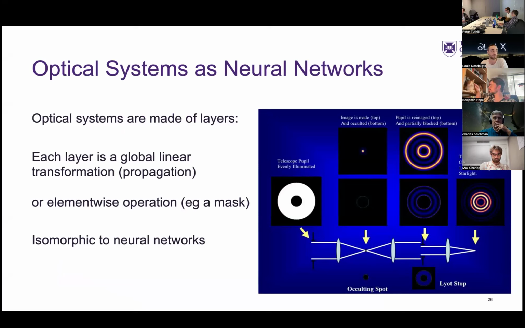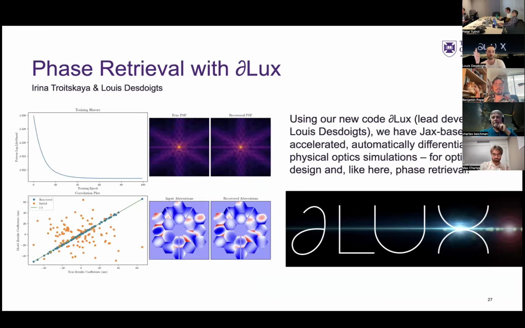That's beneficial for us because it lets us reframe most of the problems we tackle from being an inverse problem to a forwards model problem. If we have some optical system and we want to understand it, we can just forwards model the physics and then use gradient descent to recover the actual physical parameters of the model itself.